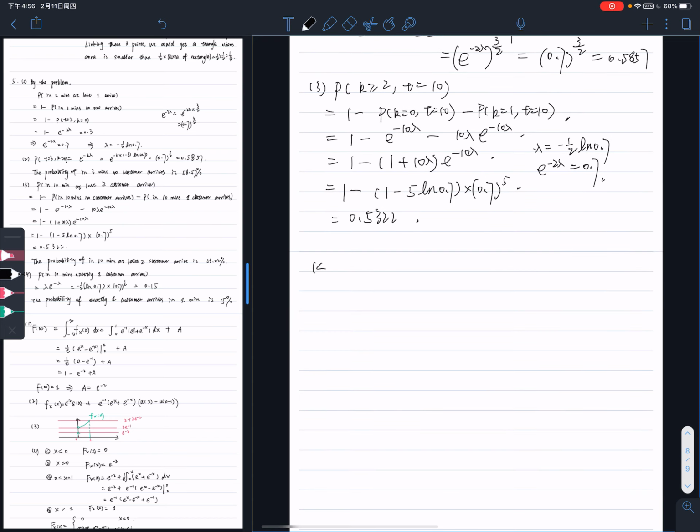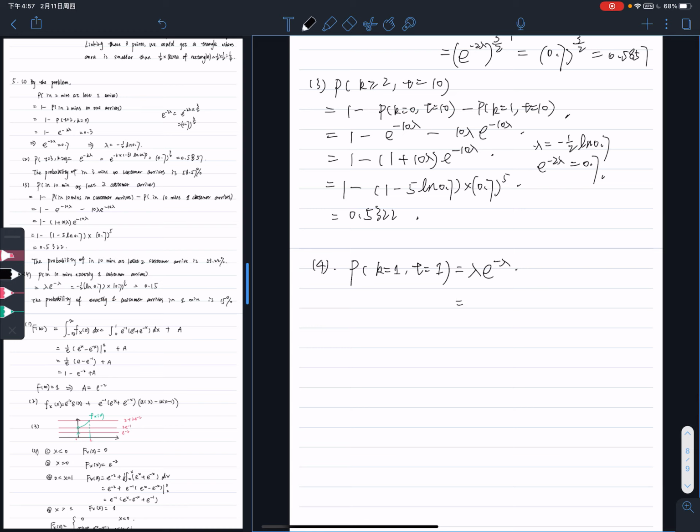The last part is really straightforward. What we need is that in 1 minute exactly one customer arrives. So it is the probability of k equals 1 with t equals 1. This is equal to lambda times e to the power of minus lambda.